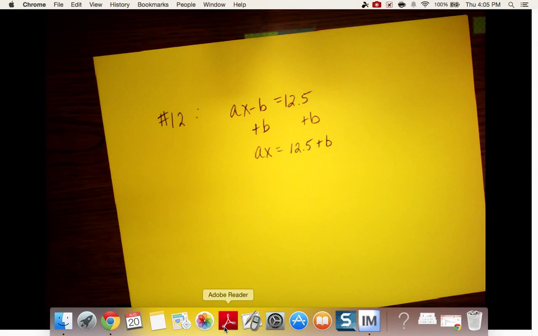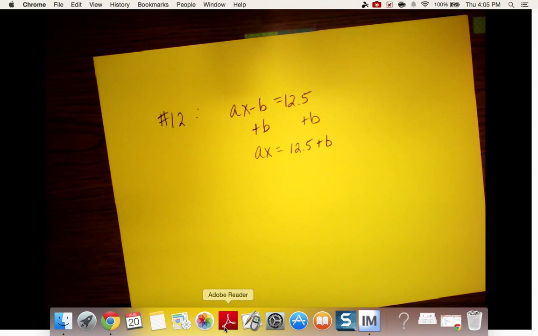And they'll say no. And so my next question is, is it possible to add 12.5 to some number that we have no idea what it represents? We have no idea what that number is. And they're like, no, you can't do that. So that's why you can't add the 12.5 and the b.